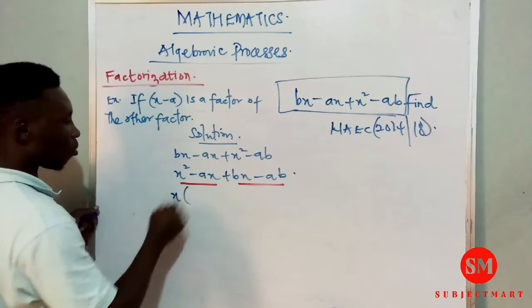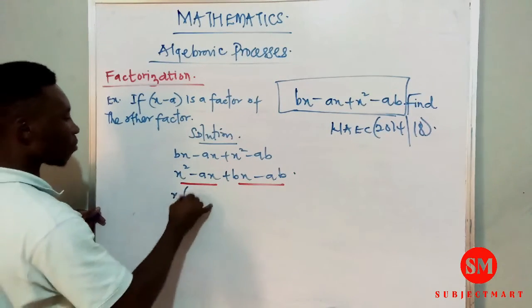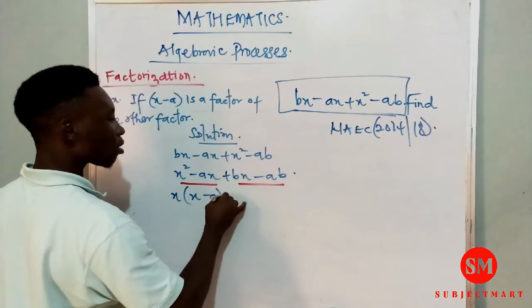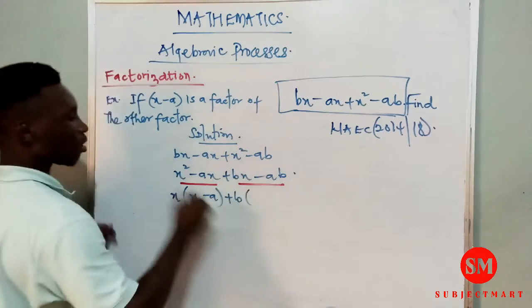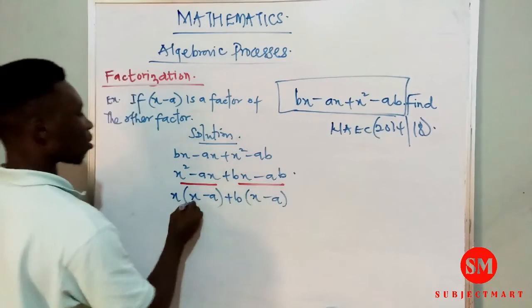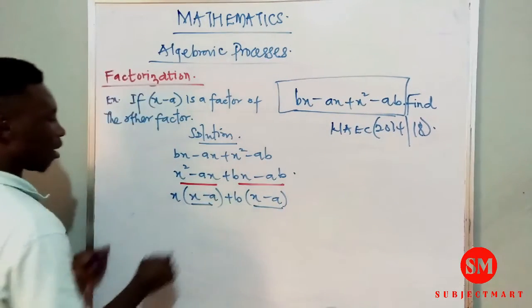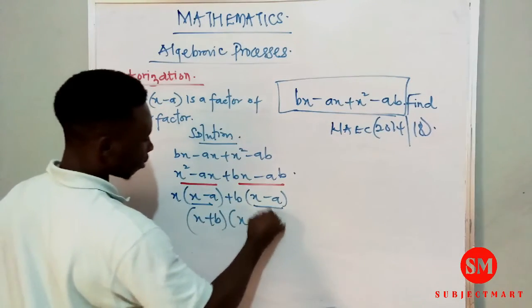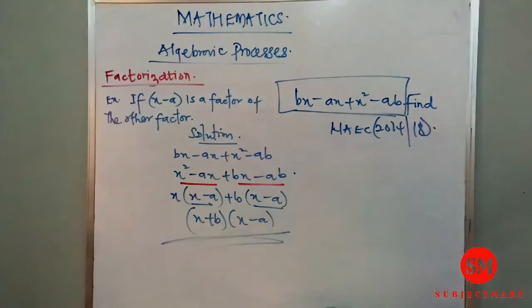They have x in common. So factorizing x out, it becomes x minus a. What do these two have in common? They have plus b in common. So bringing out b, it becomes x minus a. Pay attention, what is here is the same as what is here. So I say that x plus b, x minus a. At this junction, I have factorized and that is my final answer.